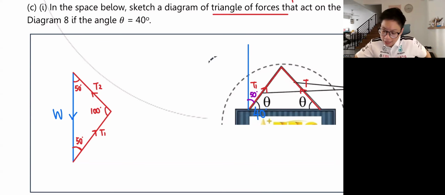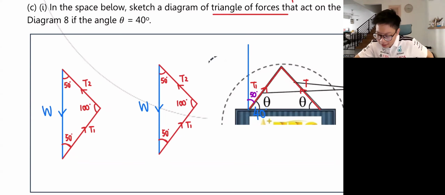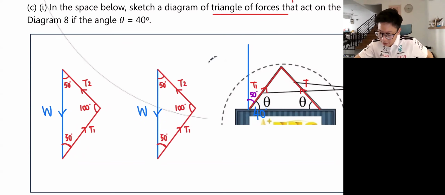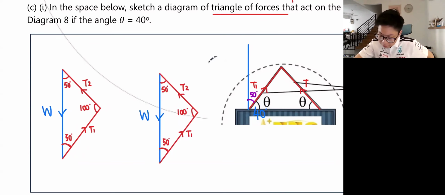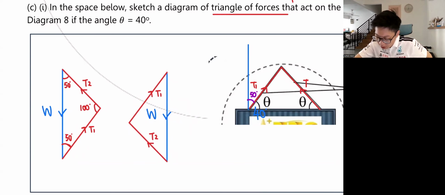But of course, if you don't want to draw this way, there's one more answer which I can also accept. You can take the same thing, but put this T1 here and this T2 here, and this is also acceptable.